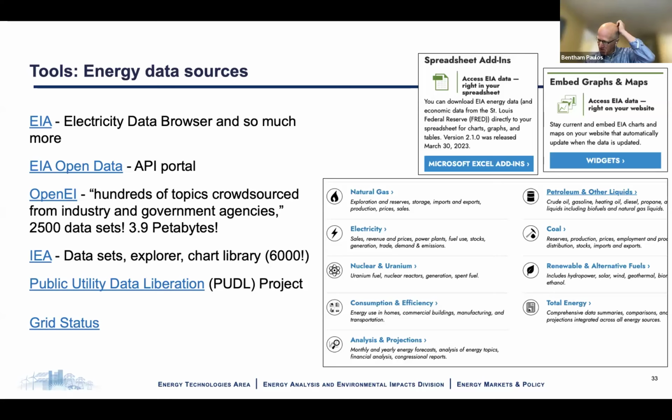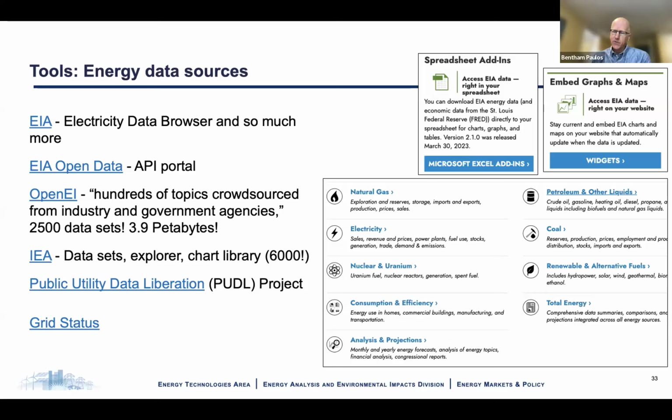A petabyte is a lot of data, lots and lots of data. So OpenEI has anything you can possibly want, I think. International Energy Agency has been really upping their access to data sets. They have a chart library with over 6,000 charts on it ready for download, and a navigation tool that helps you find different data sets.